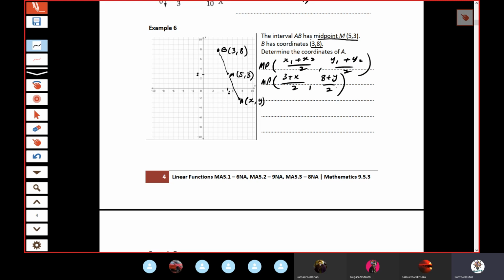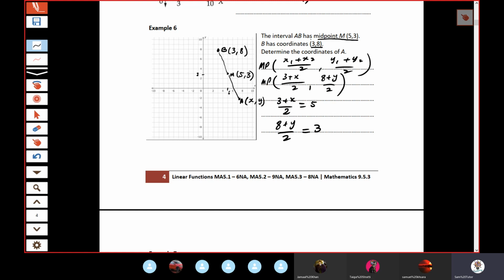Anyone have any questions at this stage? Okay, but we know what the midpoint is. The actual midpoint is 5 and 3. So we now know 3 plus x on 2, this x coordinate must equal 5. And same thing with this: 8 plus y on 2 must equal 3.